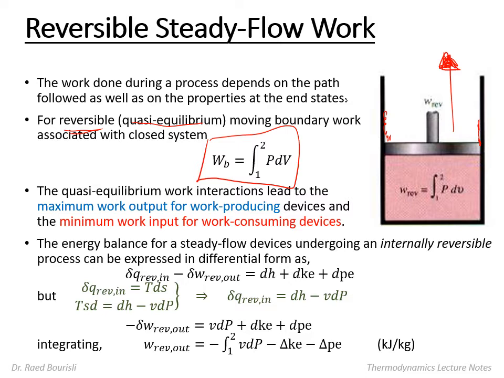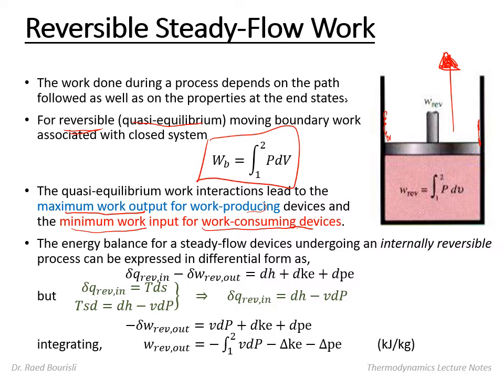This quasi-equilibrium work interaction leads to maximum work output for work-producing devices and minimum work input for work-consuming devices. So maximum for example, turbines, and minimum for pumps and compressors. Why do we say that?